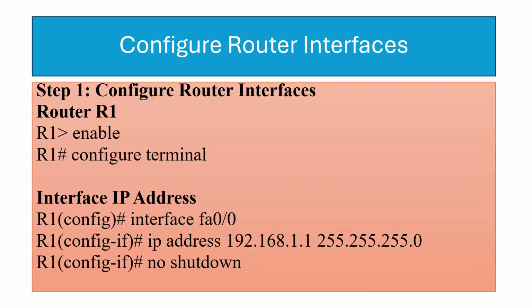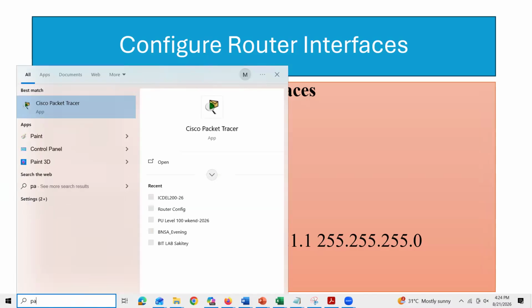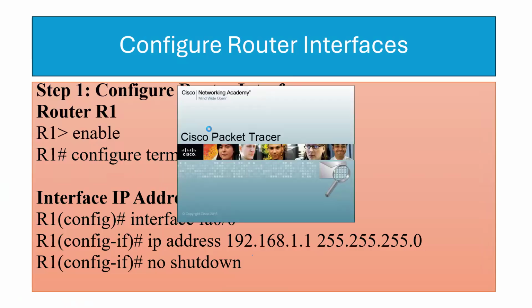I don't want to be the only one who will be working, so please kindly draw the topology. And then you have your Packet Tracer, do it there, and then let me look and leave you. Then you look at the configuration, then you are good to go.